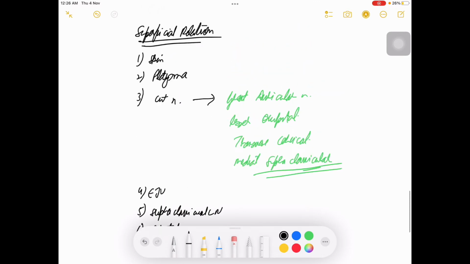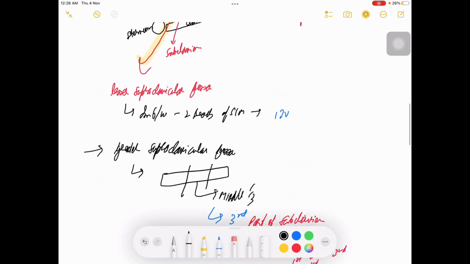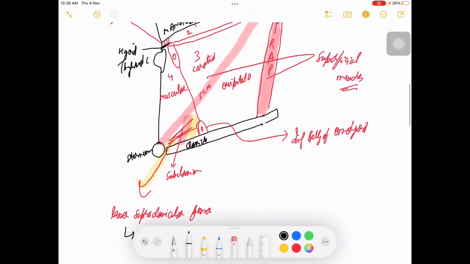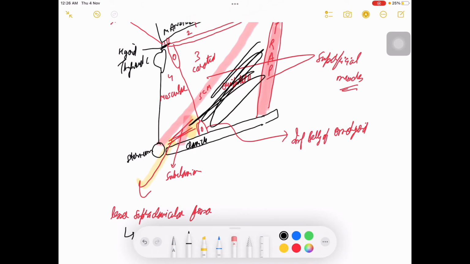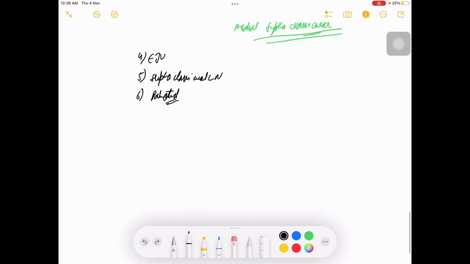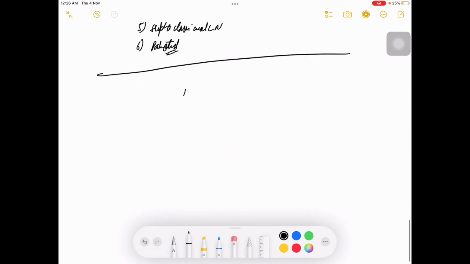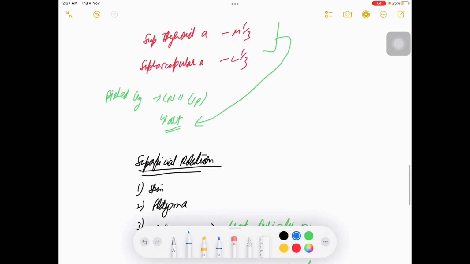Now I'm not going to talk about the clinical aspect in it, I'll make a separate video for the clinical aspect. Now I'm going to talk about this part, the posterior triangle proper. Okay. So now I'll talk about its boundaries.